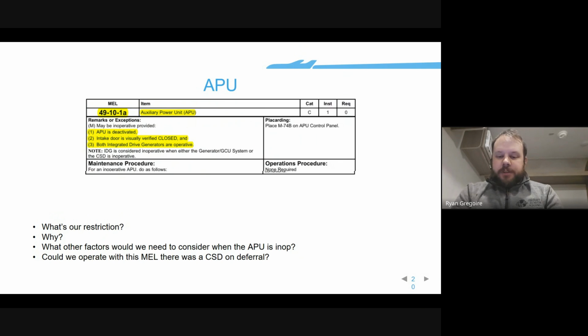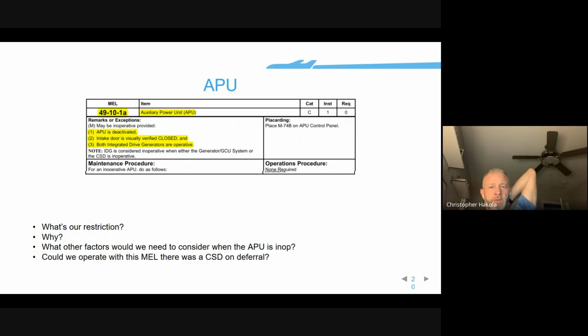What operation restriction is stated in this MEL? Both IDGs operative. All right, very good.